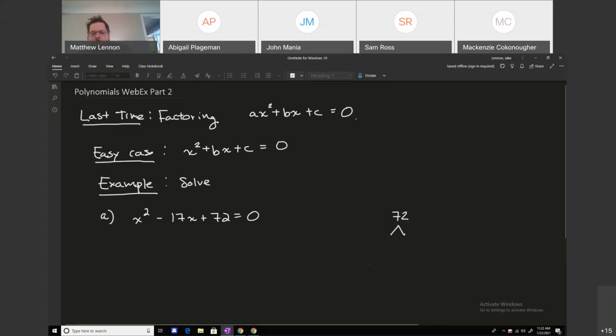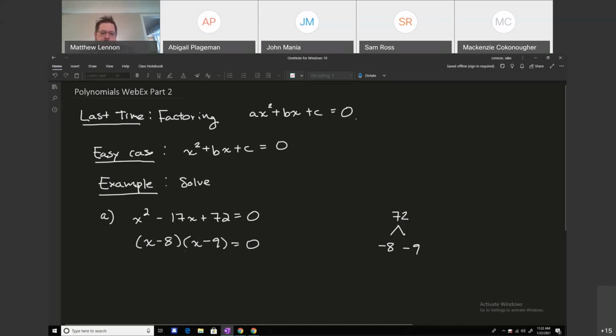So that's how you know they both have to be negative. To multiply to a positive number and add to a negative, they both have to be negative. The only way you multiply to a positive is either they're both positive or both negative. So negative 8 and negative 9 do the trick. In this case, that just takes you right to the factorization.